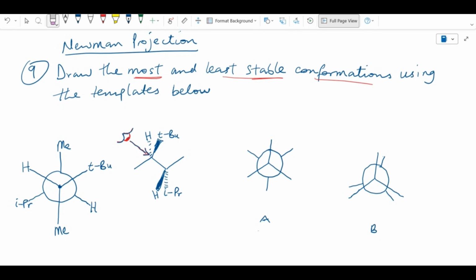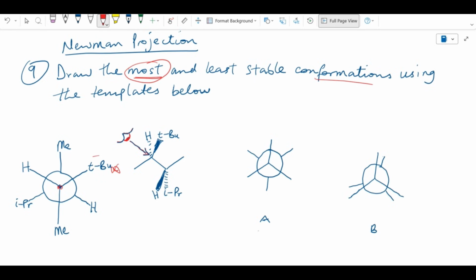But remember also that the question says you should draw the most stable conformation. The most stable conformation will be a staggered conformation. It's going to be one of the staggered conformations. And it's usually the conformation where the two biggest groups are anti or opposite each other. So the biggest group on the front carbon is the tert-butyl group.